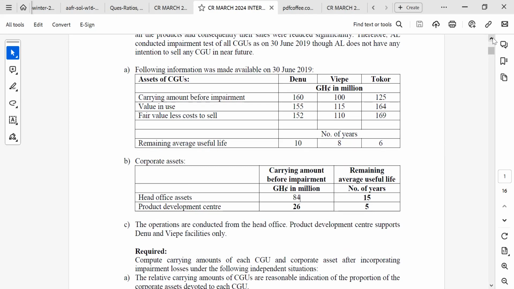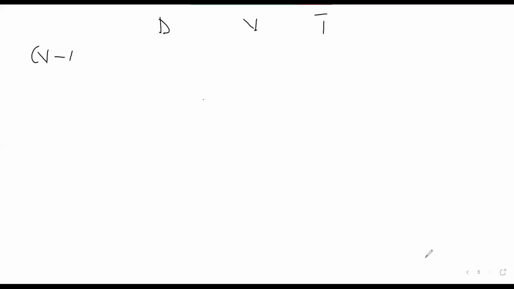The carrying value of their own assets is 160, 100, and 125.